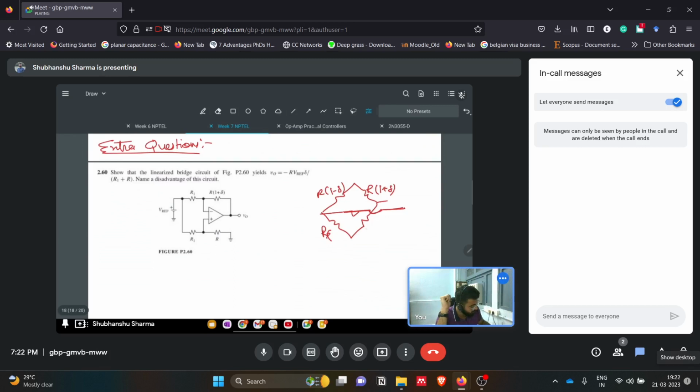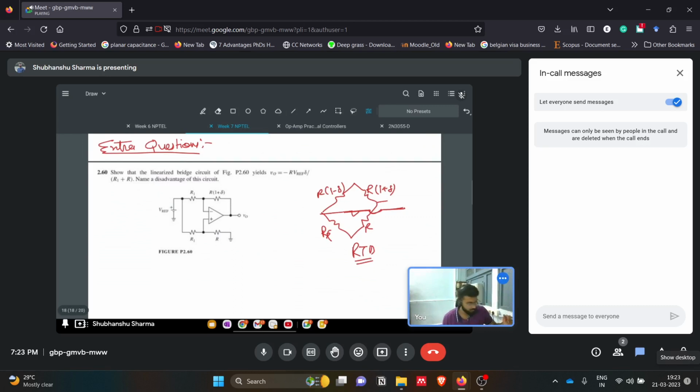This is a two strain gauge system. If you want to realize the outputs of these circuits, or we have RTDs also, resistance temperature detectors, or many other circuits where one of the resistor values is changing.